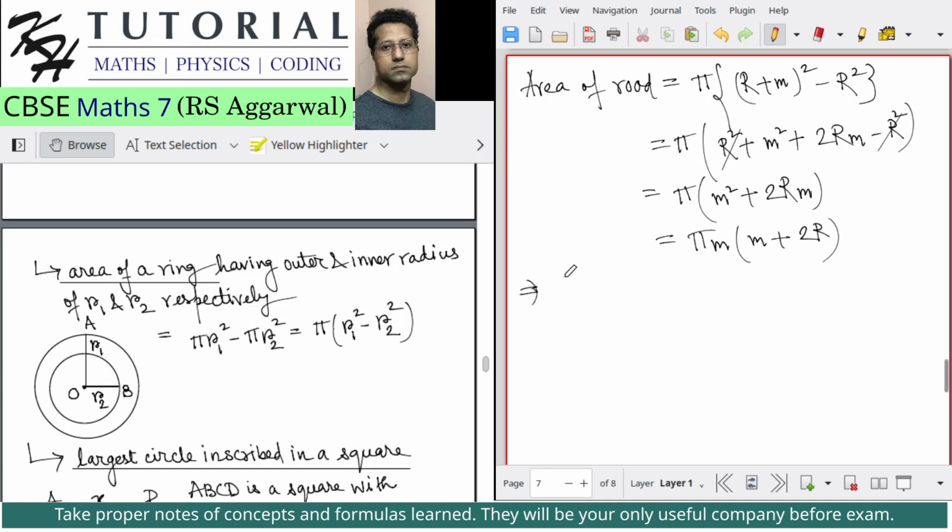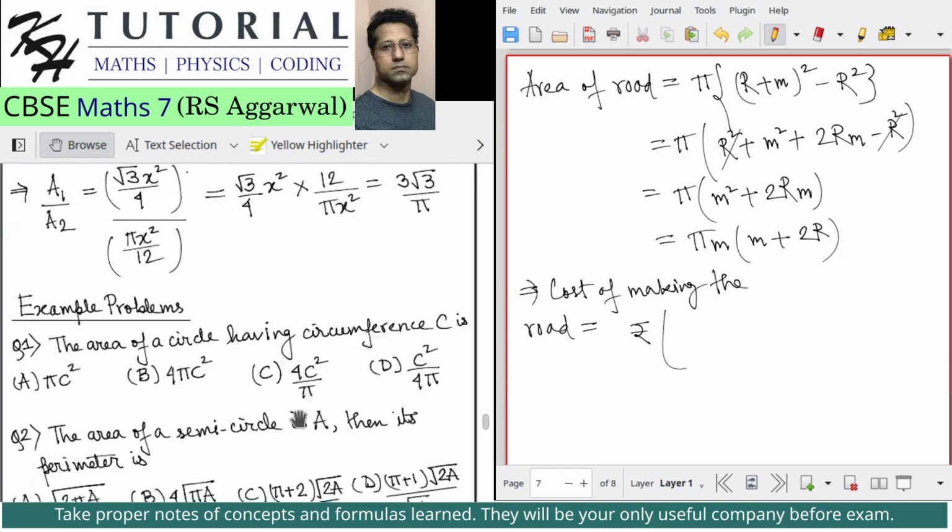So this implies the cost of making the road will be equal to the area of the road multiplied by the rate of making the road. So this will be obviously equal to rupees, the rate is x.